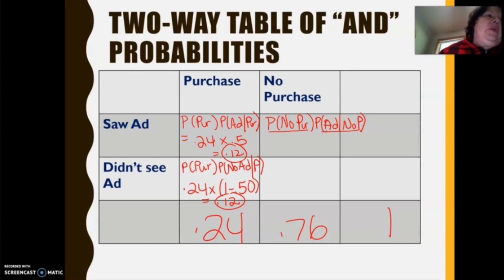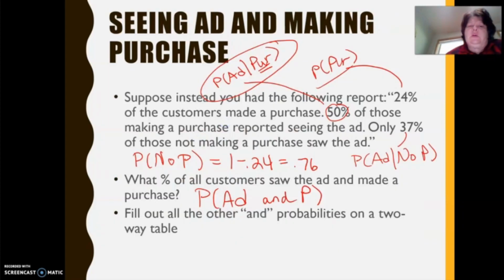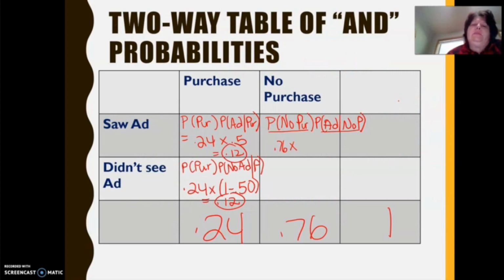And the probability of no purchase is 0.76, and ad given no purchase is 0.37. Let's go back and find that right here. Ad given no purchase, 0.37.